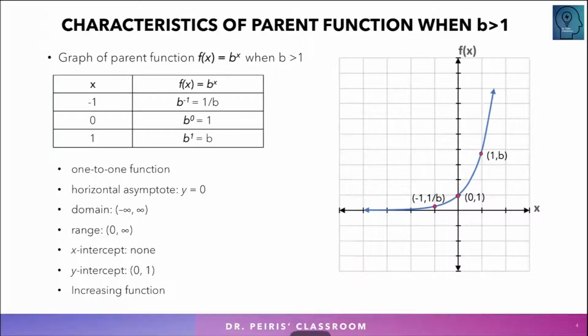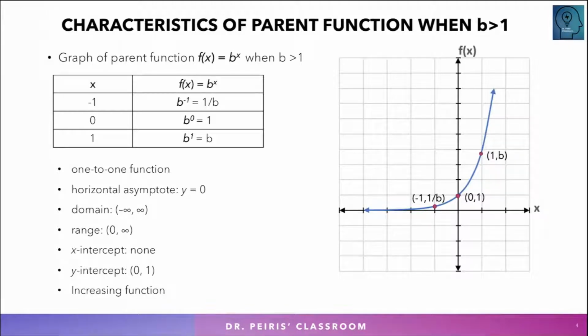So the range is from 0 to infinity, and the 0 is not included because the function value will never be equal to 0. That is why there is a parenthesis at 0; the 0 is not included in the range.